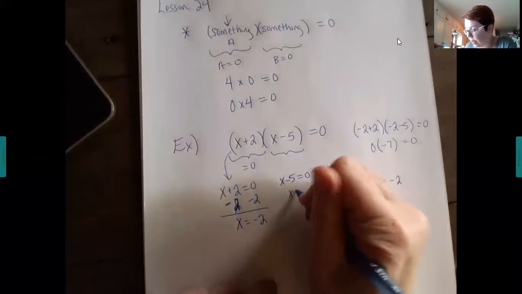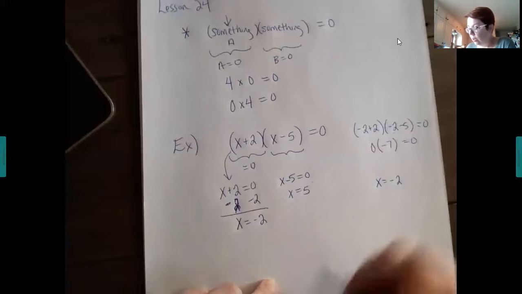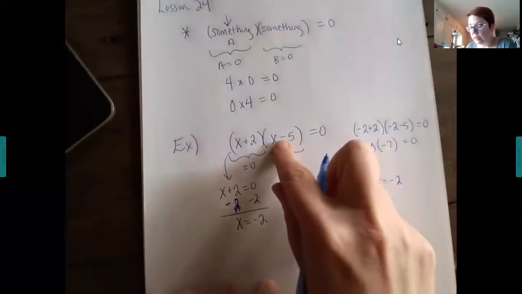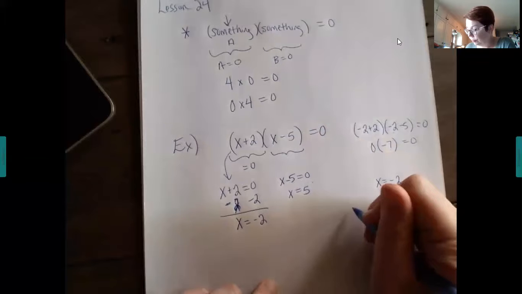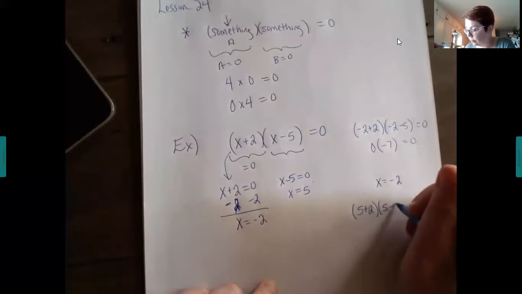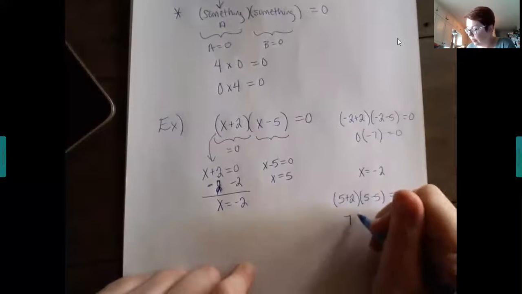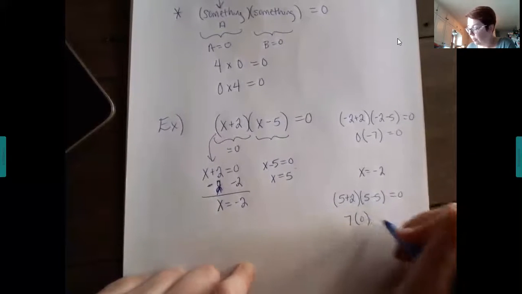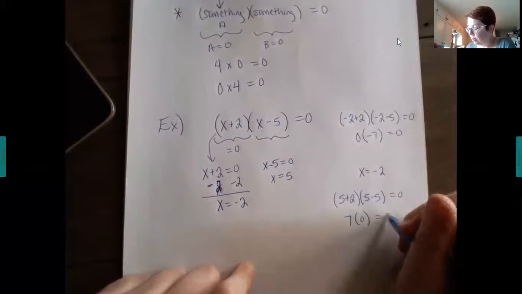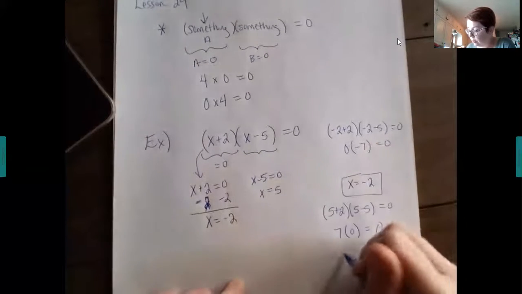So we know we're going to add 5, so we get x equals 5. So when I replace a 5 now for x, 5 plus 2 is 7, but 5 minus 5 is 0. 7 times 0 is still 0.